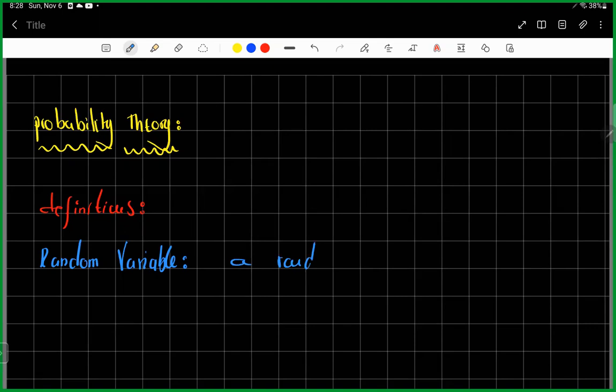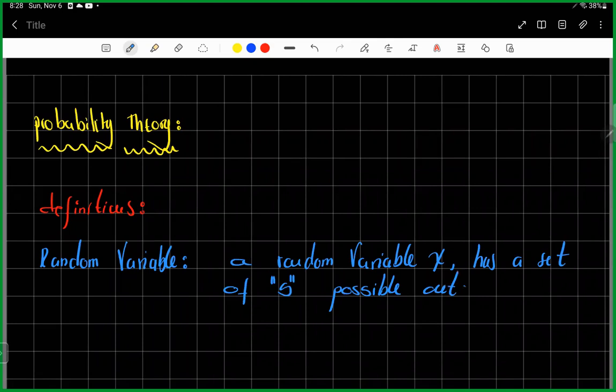A random variable x has a set of s possible outcomes. Okay.